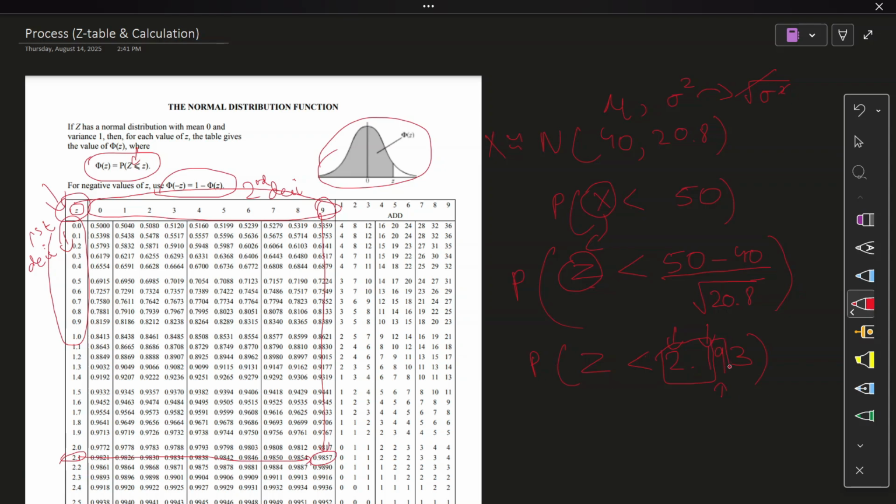Now we've read it till here. 2.19 has been read. The last and third decimal place is read from the last column, which is the add column. Now keep in mind, the name mentions it, right? You're gonna add it to the main value you have found from the first and second decimal readings. From the first and second decimal readings, what did we get? We got 0.9857.